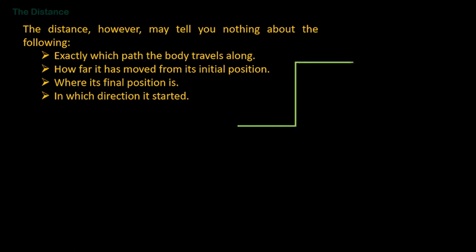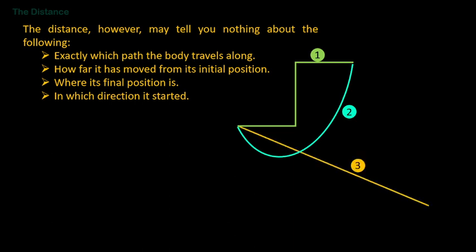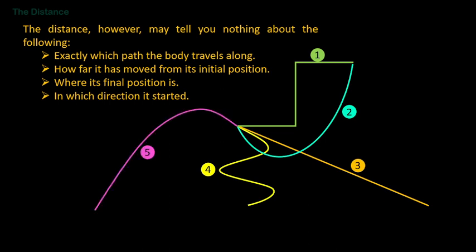For example, a body moves along this path from initial position to final position. There is another path by which it can go from the same initial position to the final position. This is the third path, and this is the fourth path, and this is the fifth path.